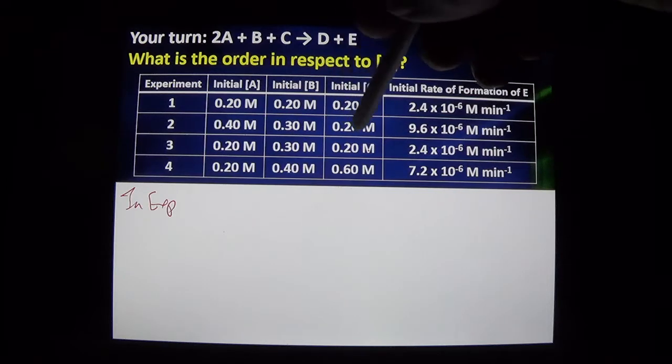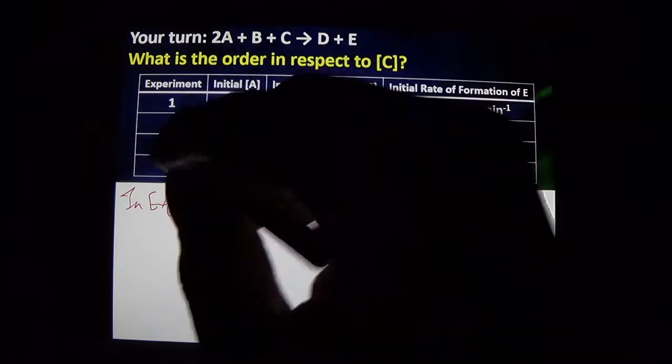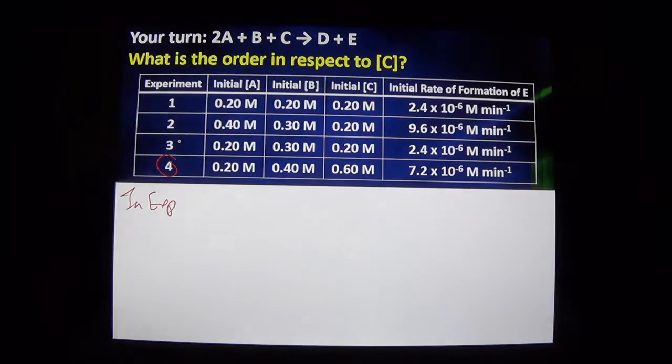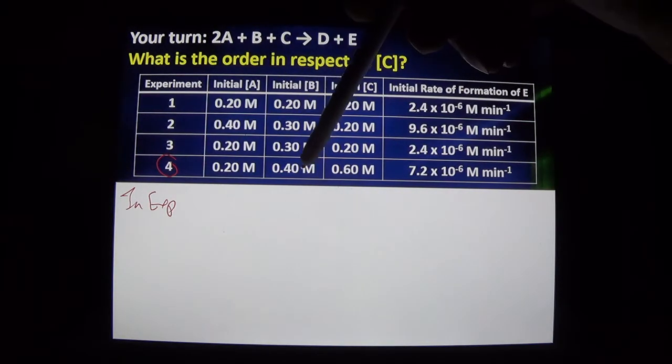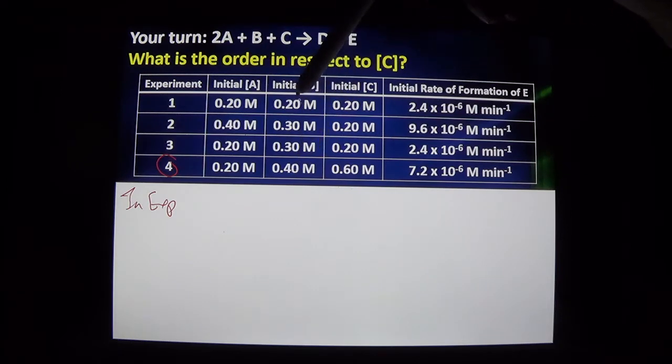We obviously want to pick something where C changes, so I'm going to end up picking 4. Can I pick a 4 where B stays the same and A stays the same? No, I really can't. Is this a problem? It actually is not a problem. We have some choices here.